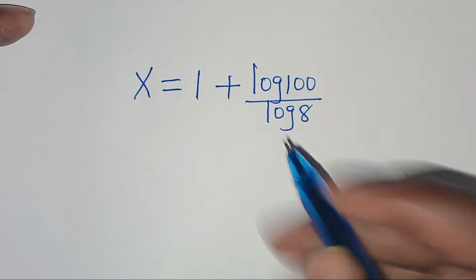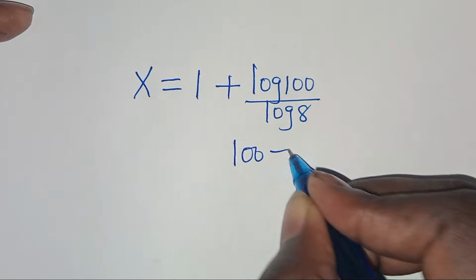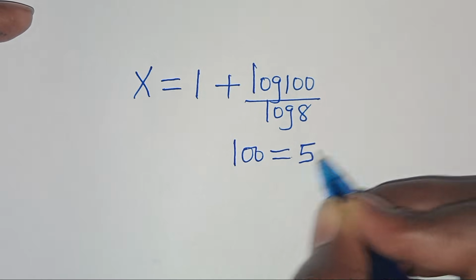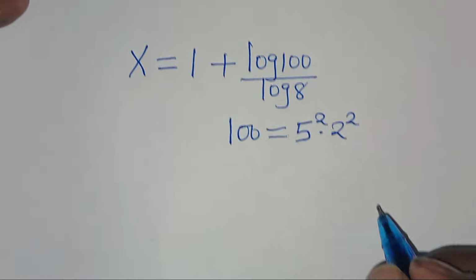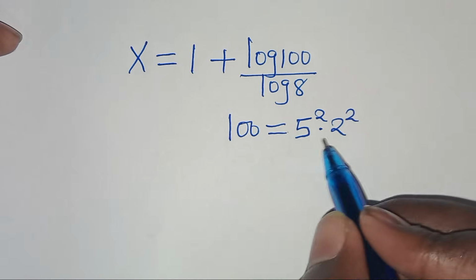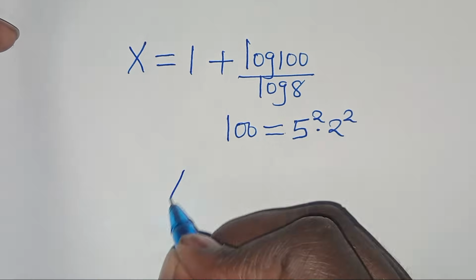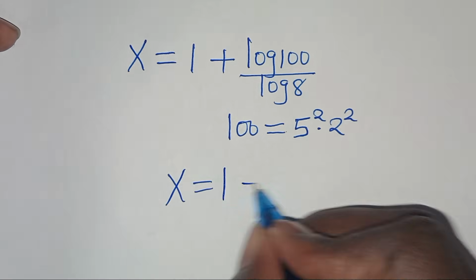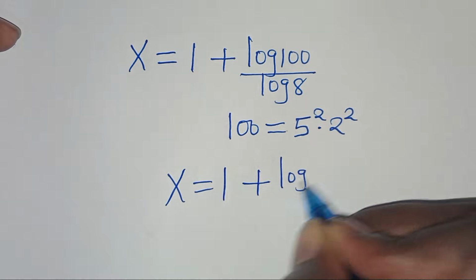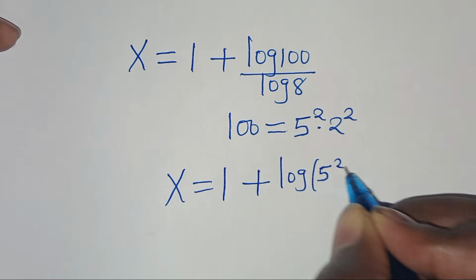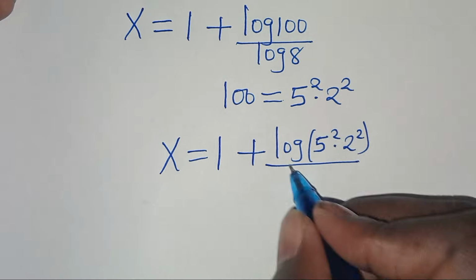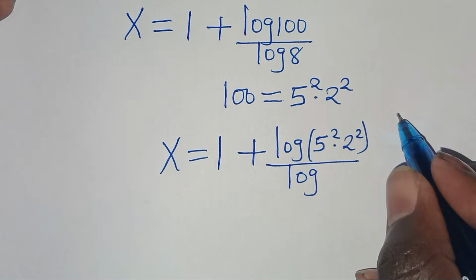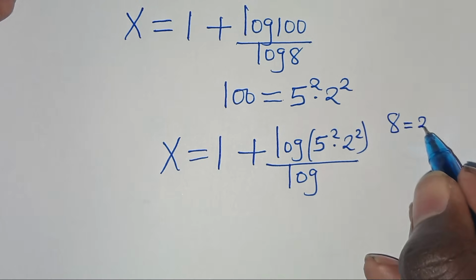Now from here, we can express 100 as 5 to the power of 2 times 2 to the power of 2. Let's substitute, so that x is equal to 1 plus log of 5 to the power of 2 times 2 to the power of 2, everything divided by log 8, which is equal to 2 to the power of 3.